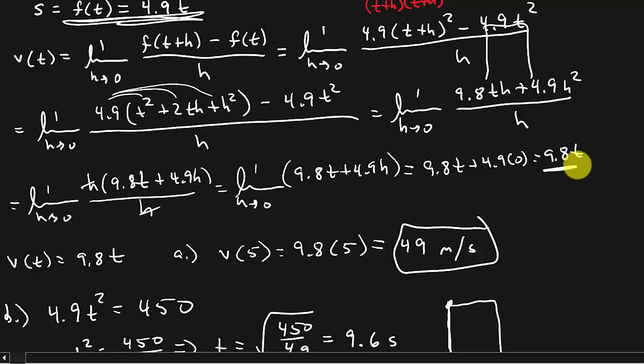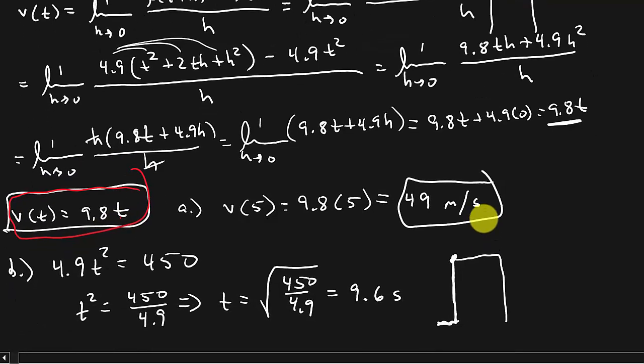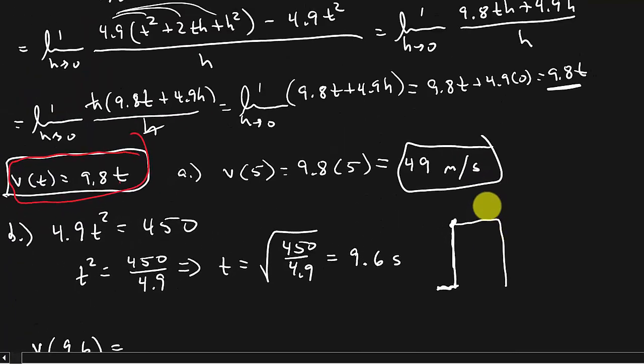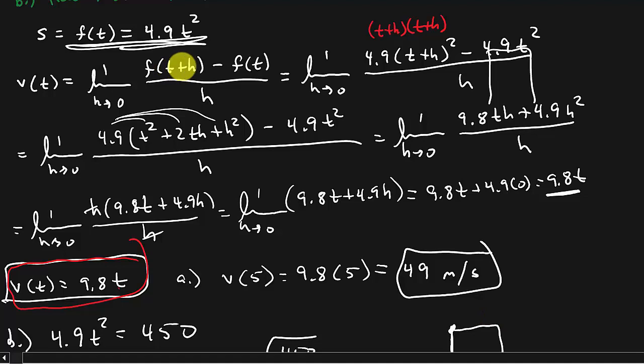By finding that velocity function, see, if I wouldn't have found the velocity function like this right here, then what would I have had to do? I would have had to go back through this again, plugging in the 9.6 for t.